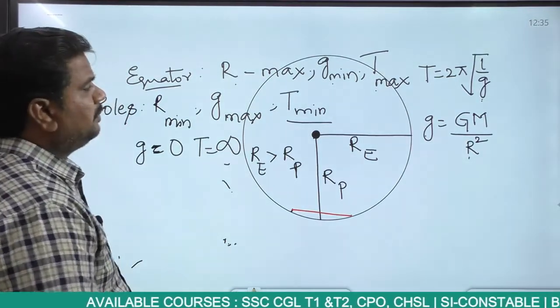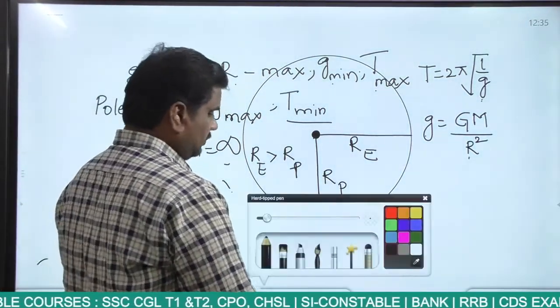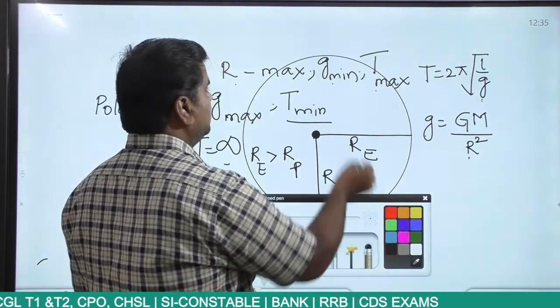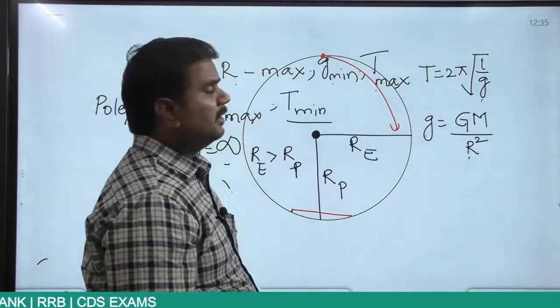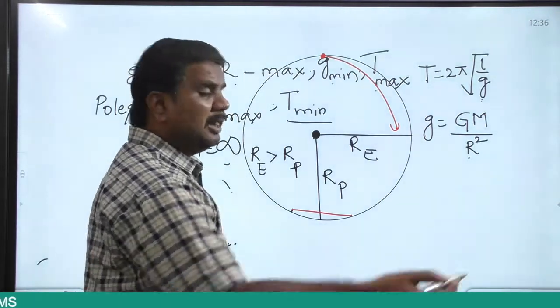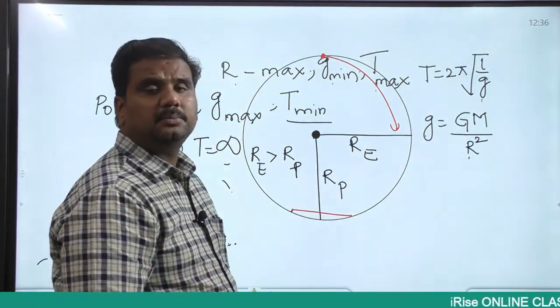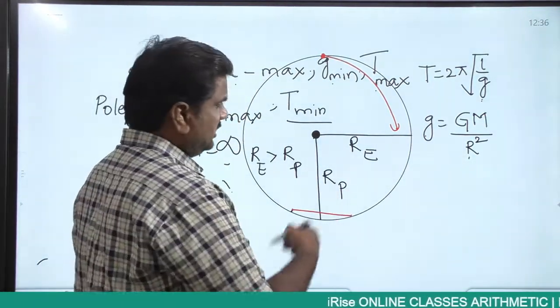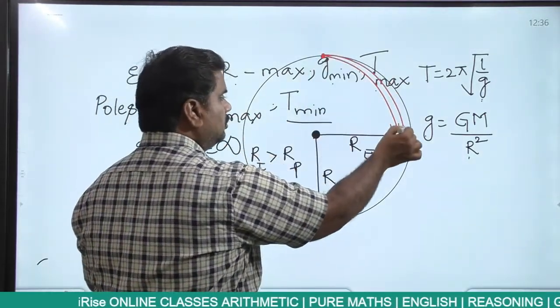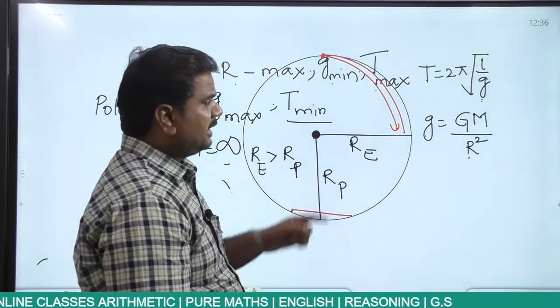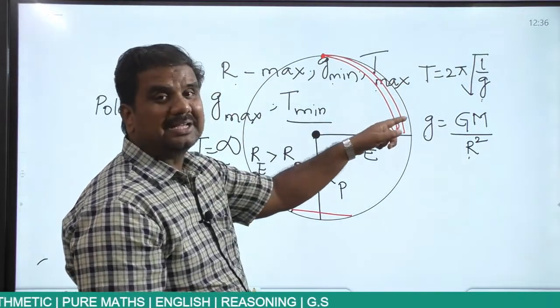At the same time, suppose a person is moving from north pole to equator. Then what happens to the time period? Or else first we'll discuss the g values. When a person is moving from north pole to equator, in that particular case the g value continuously increases.